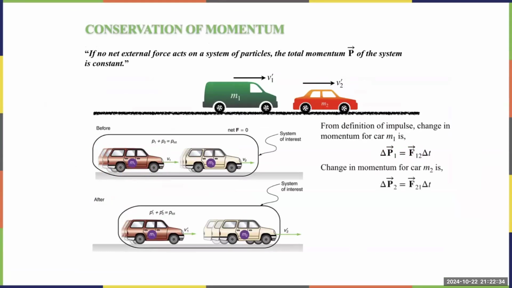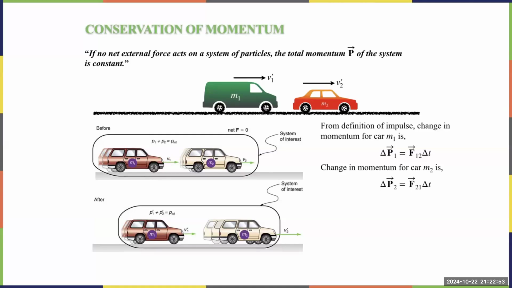And then the change in momentum for the second car is delta P2 equals F21 times delta T, right? When they collide, there is an exchange of force between these two cars within the system. Make sense?